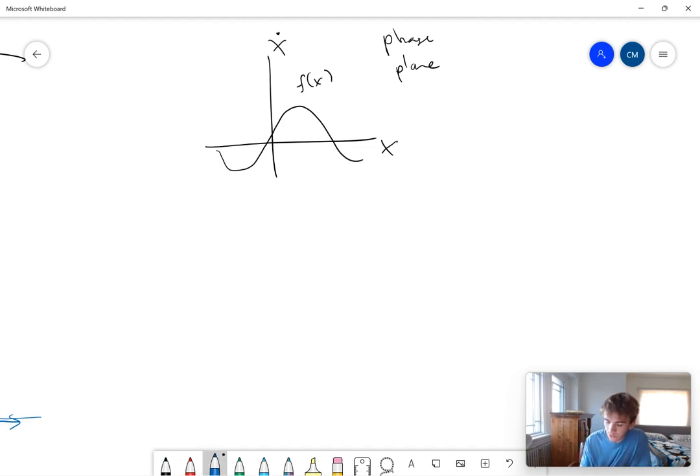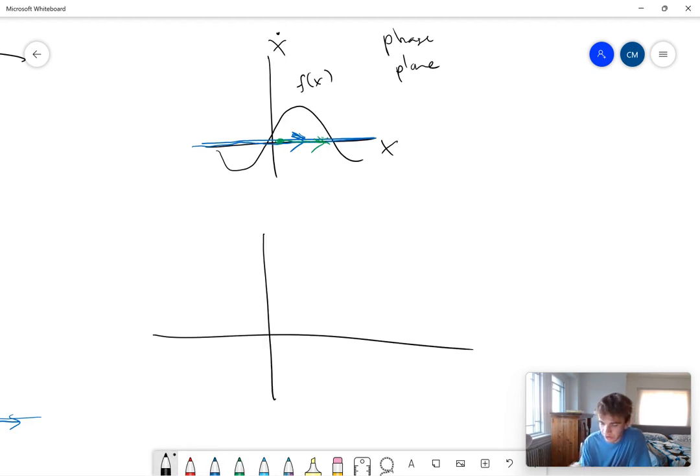And then the actual behavior of my system is just occurring on this line, okay? And time is kind of hidden. We're just assuming that the flow is occurring according to some time, right? So like if I started at this population, after some time I would just flow and drift in this direction, okay? However, there's another diagram that I'm using here, which is the actual solution curves, okay?